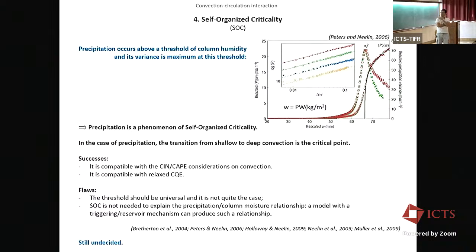But I don't think any of the analysis actually included tropical continental data. So what it says is that if the role of your surface fluxes is too important, it's likely to fail.